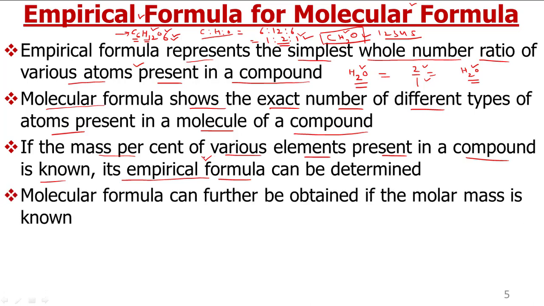And if we know the empirical formula and molar mass, then we can also calculate the molecular formula from this information. We will do some numericals of this, then you will understand it in detail. Now first, before doing numericals, let us see what are the various steps to obtain the empirical formula.